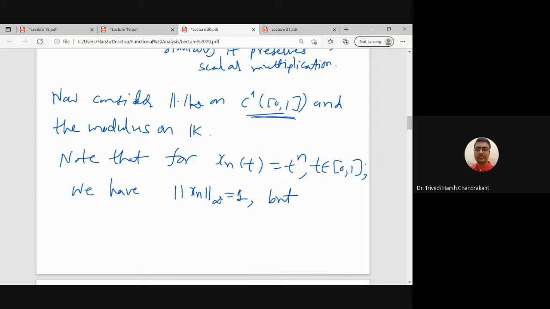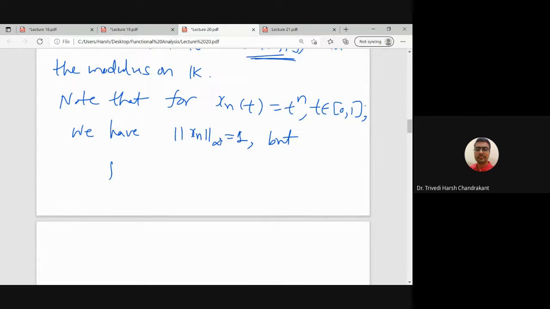But when we apply the function, what is f(xn) now? f(xn) is the derivative of xn evaluated at 1. What is the derivative of xn evaluated at 1? xn is t to the power n, so its derivative is n times t to the power n minus 1.